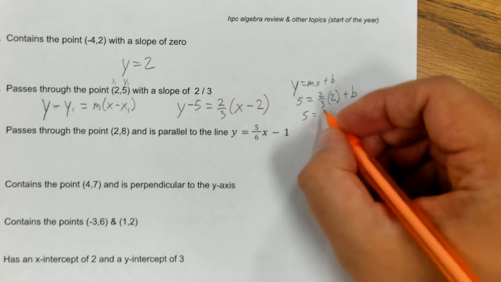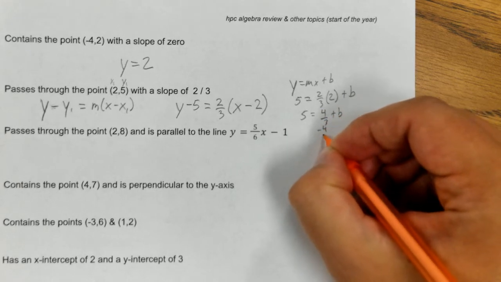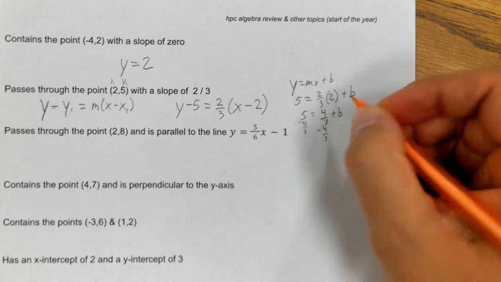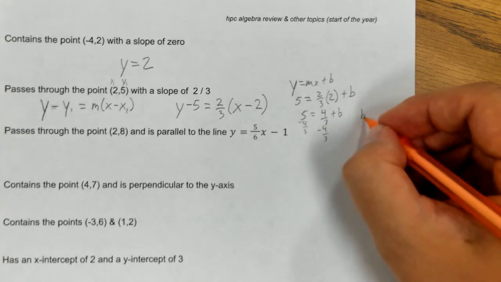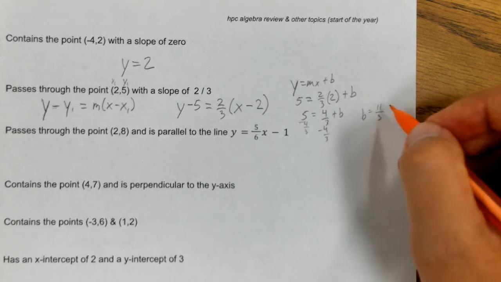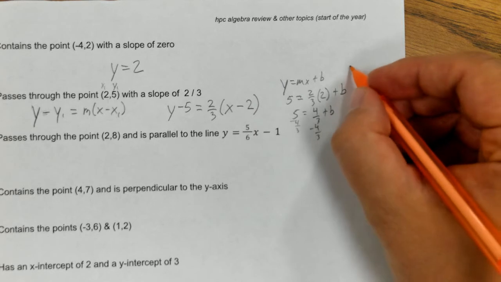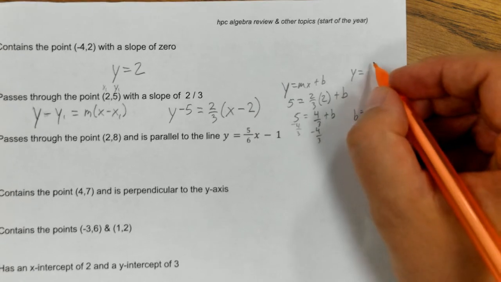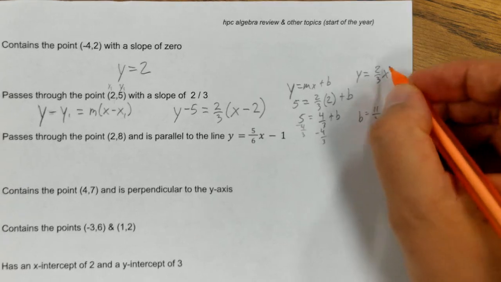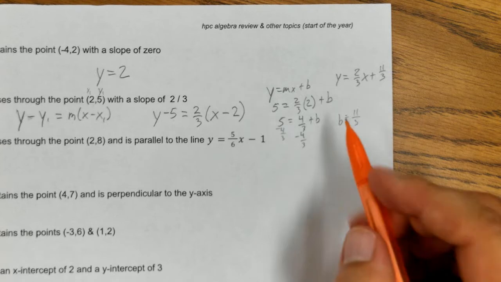So I'd have 5 equals 4/3 plus b, subtract 4/3 on each side, and you should get b equals 11/3, or the decimal, which would be 3.6 repeating, and then you could write it out as y equals 2/3 x plus 11/3, but that's more work.